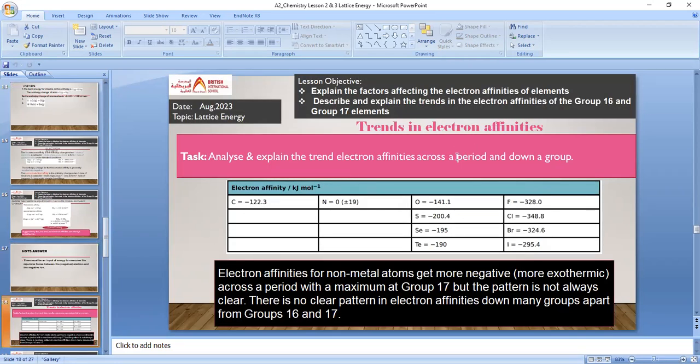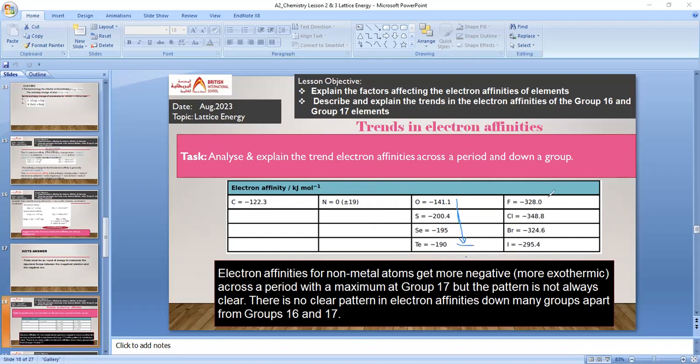Then trends in electron affinity. We have discussed this in this lecture. Oxygen is in group 16. It is going to a more negative value. Electron affinity decreases down the group. For oxygen it is minus 141, for tellurium it is minus 190, so it is decreasing down the group.